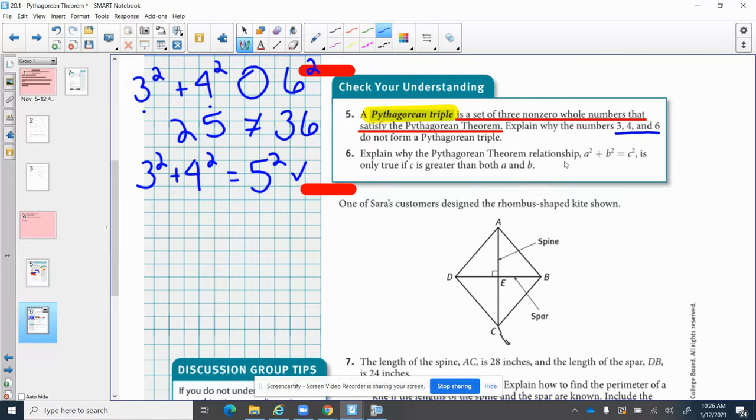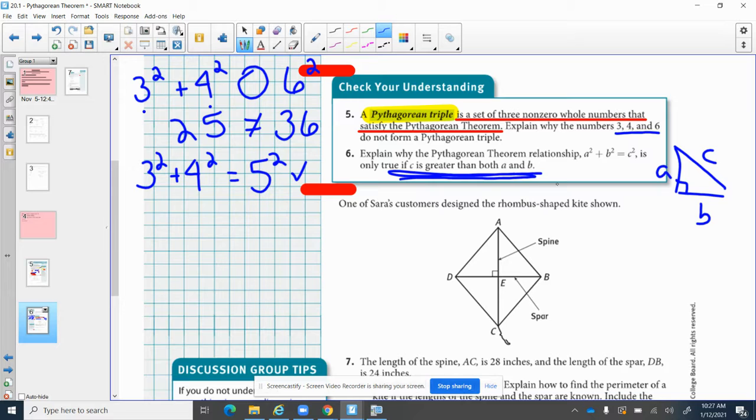Now, number 6 talks about how we know that C is always greater than A and B, and it's actually going to go back to something we're talking about in the next lesson, so something to keep in mind. A, B, and C are our side lengths, right? And again, C is always the longest, our hypotenuse. It goes back to, in a triangle, your two smallest sides added together have to be bigger than the biggest side.